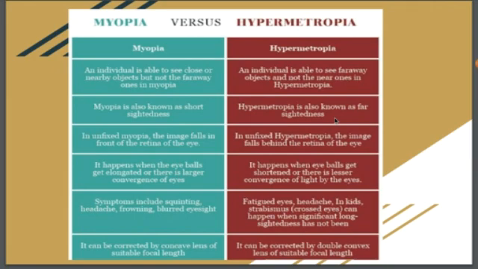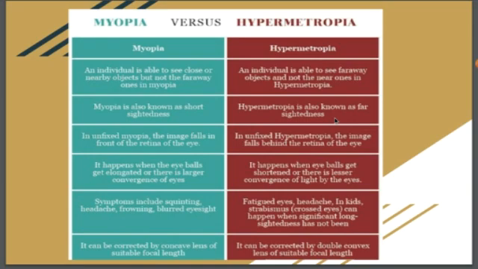It happens when the eyeball gets elongated or there is a large convergence of light by the eyes. The symptoms include squinting, headache, frowning, blurred eyesight. It can be corrected by a concave lens of suitable focal length.